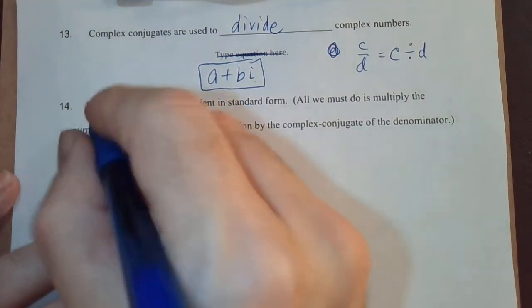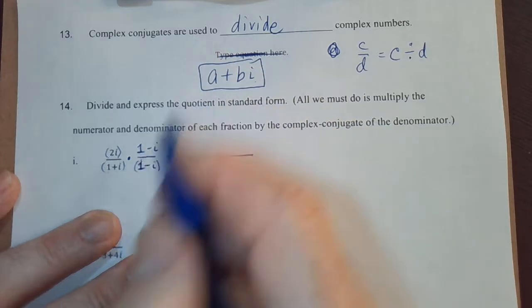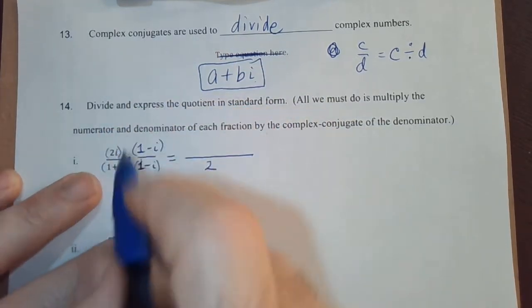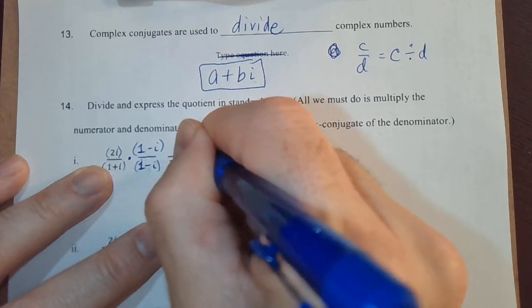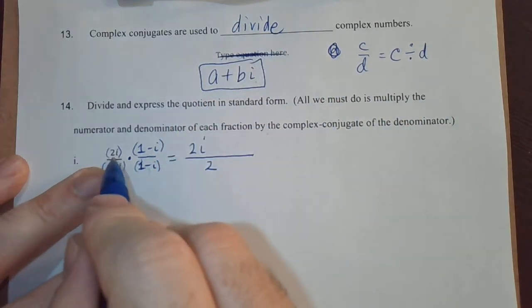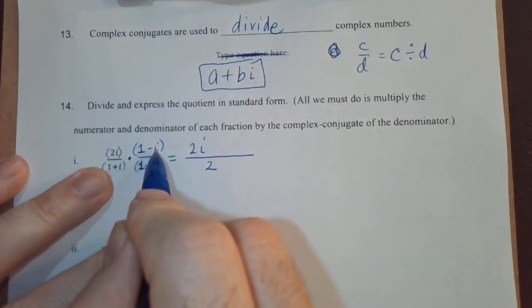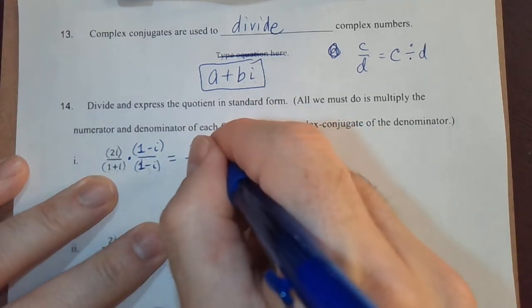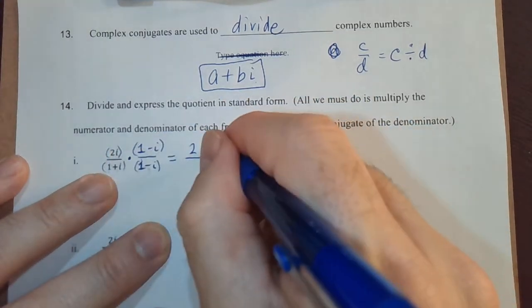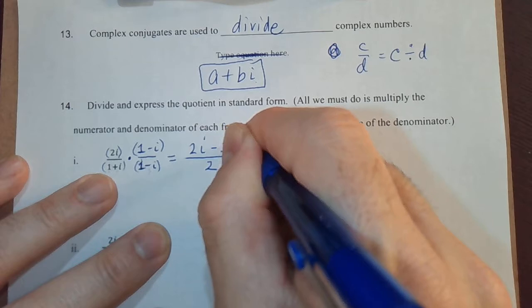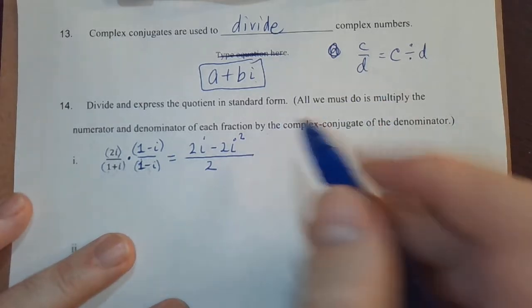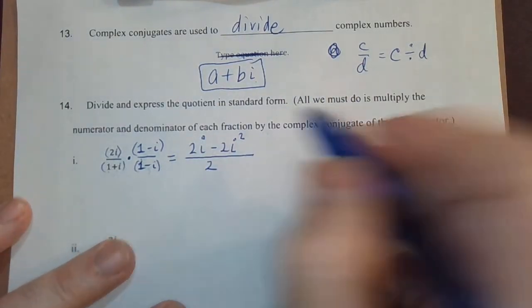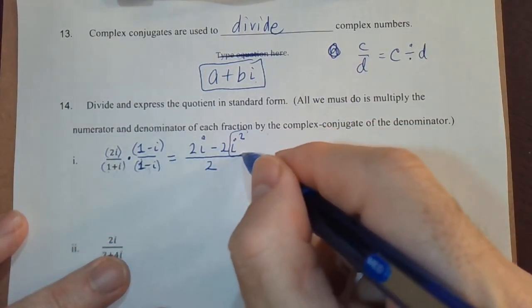Okay, and here we'll need to distribute. So on top I can multiply 2i by 1. That gives me 2i. And then 2i times negative i, positive times negative is negative, 2i squared. So we're still not done because we have an i squared, which we should never have as a final answer, because i squared is equal to negative 1.